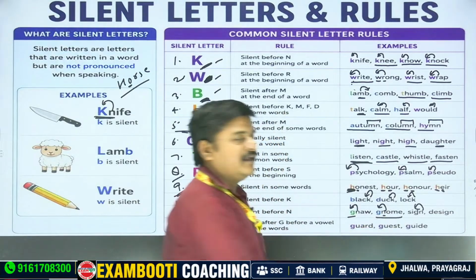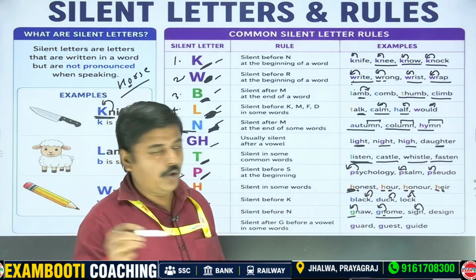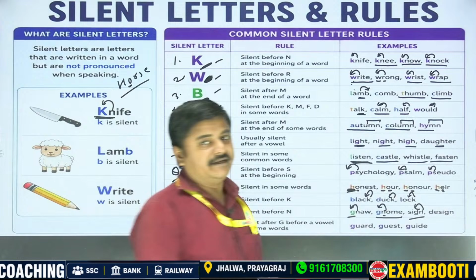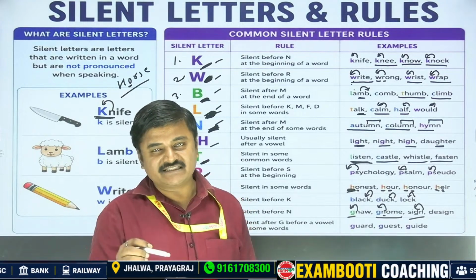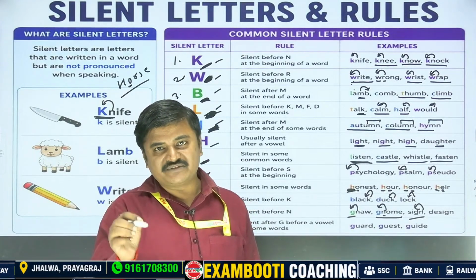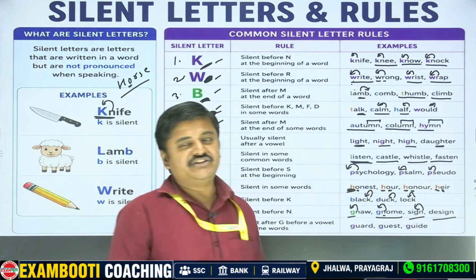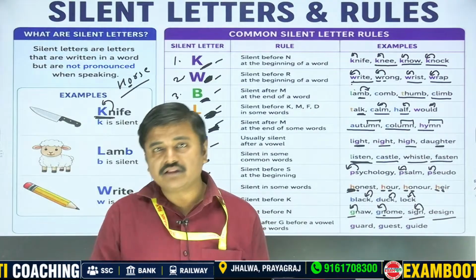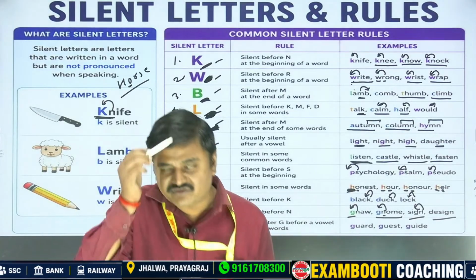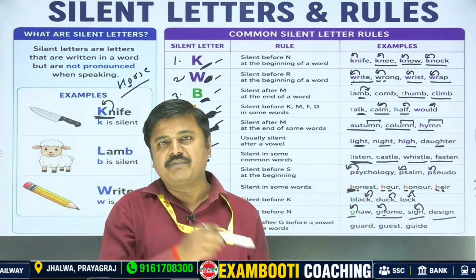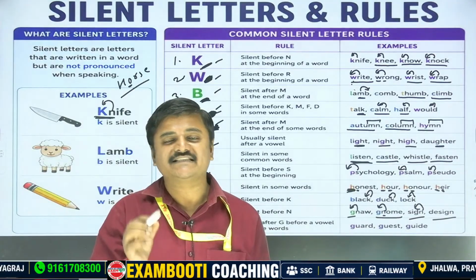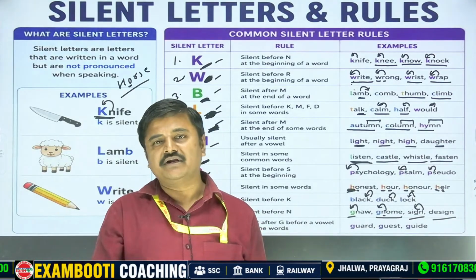In gnome, G-N-O-M-E, gnome. Like in the word sign, S-I-G-N, sign, G comes just before N. And like in design, G comes just before N. In all these words, G comes right before N. So G is silent. Very easy to understand.